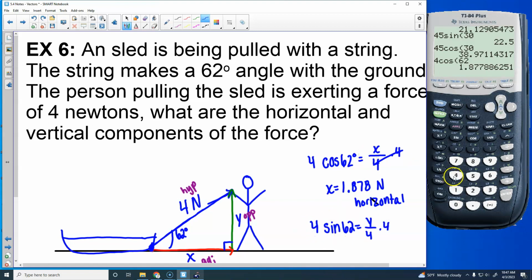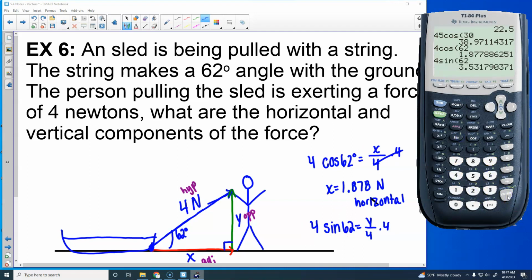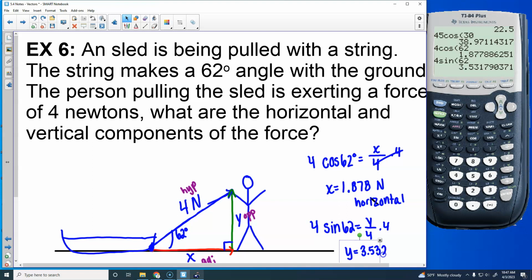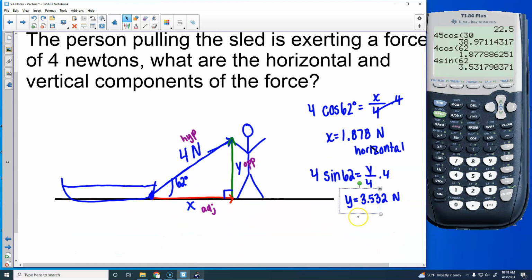So for sine 62, it's going to give us 3.532. And that's our vertical force.